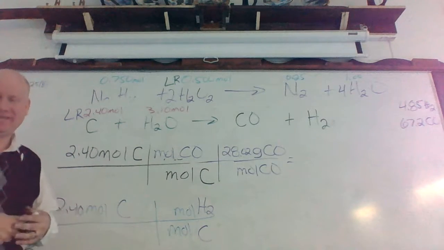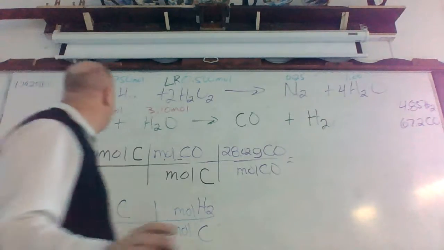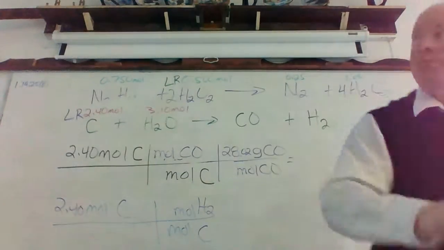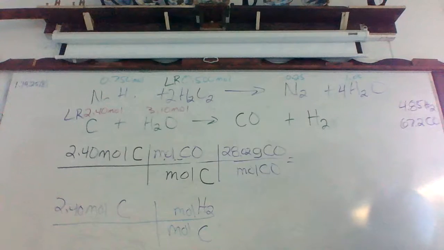Good one, wasn't it? Okay, so if we take 2.40 times 28.02, what a coinkydink, 67.2. Just like what we said. So I'll leave that up to you if you really need to see what you get for hydrogen.